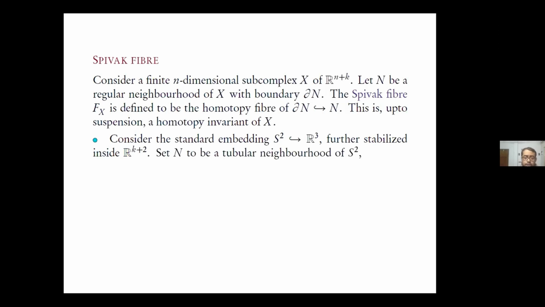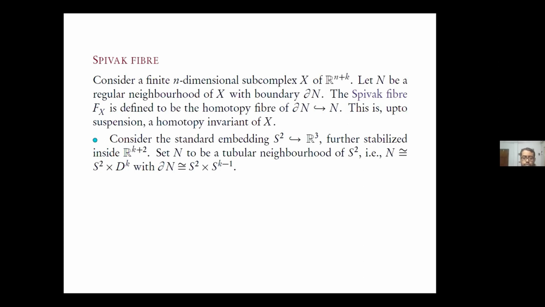But then the point is, if you think of the neighborhood N as described here, such a neighborhood of S2 inside R^(K+2) is simply going to look like S2 cross D^K, right? Because the tubular neighborhood of S2 inside R3 itself looks like S2 cross D1, and now you're simply adding more and more copies of this. So it looks like S2 cross D^K, and so the boundary is going to look like S2 cross the boundary of D^K. Okay.